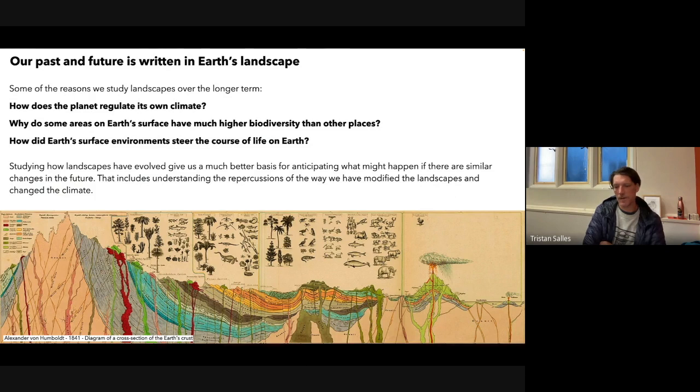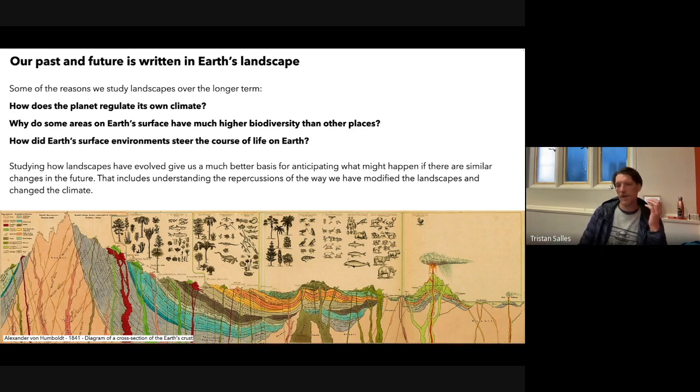The first one is that Earth surface processes play a huge role in regulating our climate by pumping CO2 out of the atmosphere through different processes, mainly physical and chemical weathering, where the CO2 in the atmosphere is dissolved and transported by rivers into the ocean.